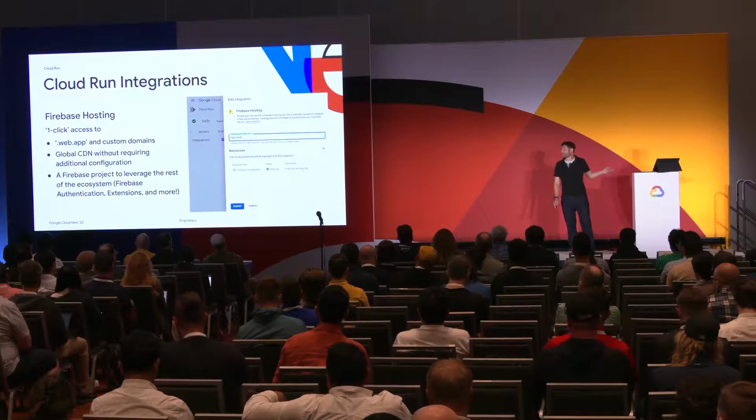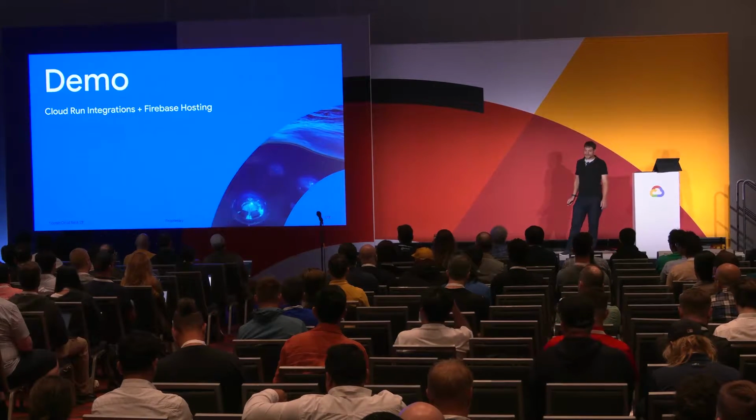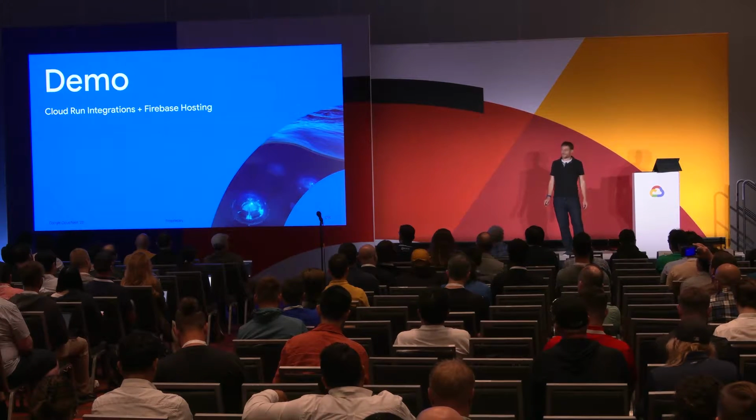But this integration also gets you a Firebase project as the gateway to the rest of the Firebase ecosystem. So Firebase authentication, extensions, and a number of the things that Dmitry here is going to talk about in a few minutes. So that's enough talking. I'd love to get to a demo of showing a real-world application deployed to Cloud Run and how we can take advantage of the features of Firebase and Firebase hosting.